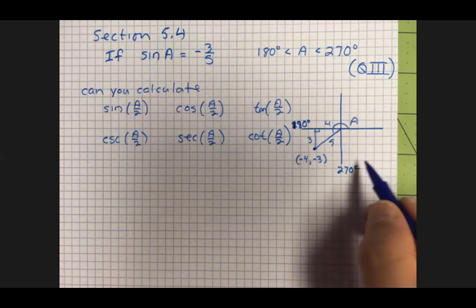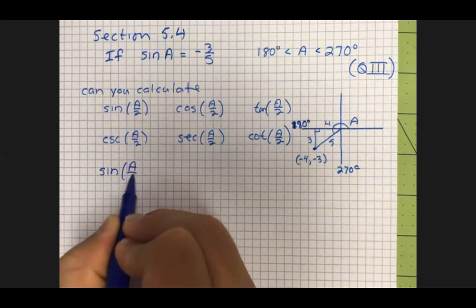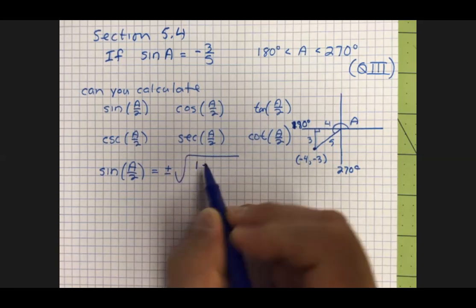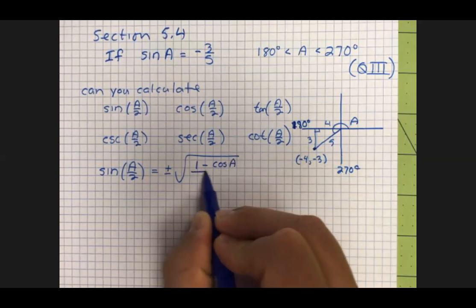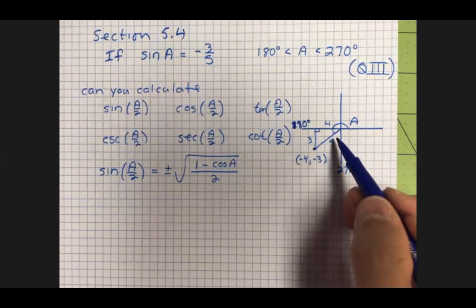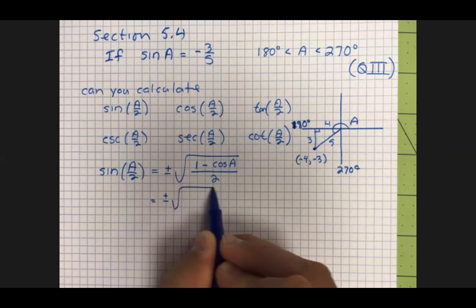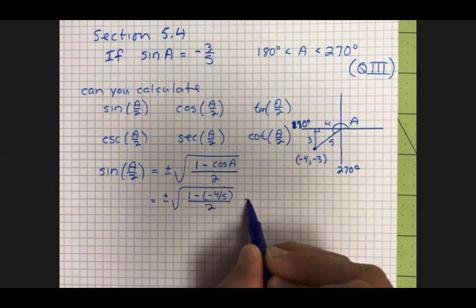So can I calculate the sine of A over 2? It's going to be plus or minus the square root of (1 minus the cosine of A) divided by 2. I can read the cosine of A from this picture. The cosine of A is minus 4/5. One minus negative 4/5, divided by 2, plus or minus.